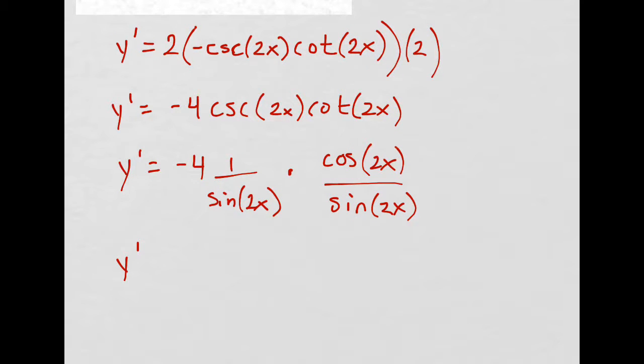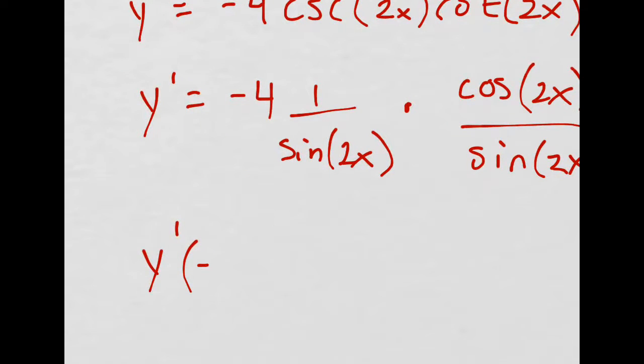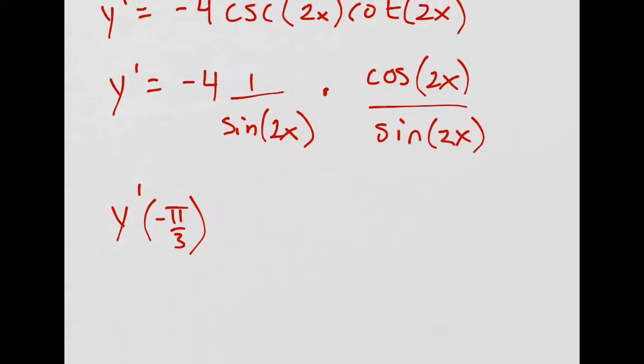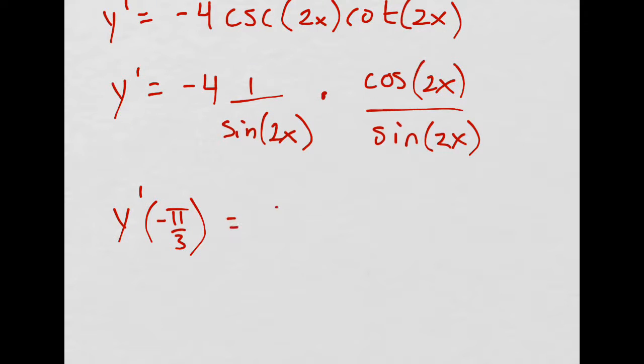So y prime evaluated, when I plug in, I'll say plugging in negative pi over 3. It's kind of like f prime of negative pi over 3. I'm just using that kind of notation. So I'll plug in negative pi over 3, and I'll get negative 4 times 1. That's just negative 4.